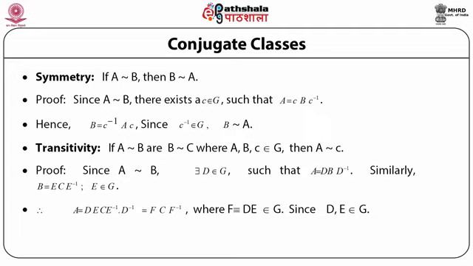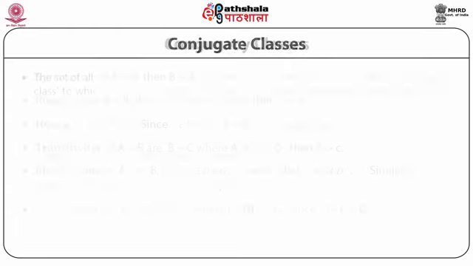Substituting for B in the expression for A, we obtain A is equal to D E C E inverse D inverse. Since D and E both belong to the group G, D E also belongs to the group G, say some element F. So A can be written as F C F inverse. Therefore, A is conjugate to C. So if A is conjugate to B and B is conjugate to C, then A is necessarily conjugate to C.